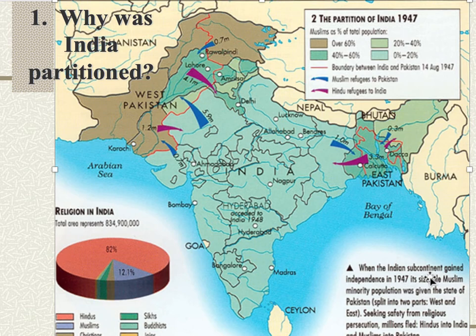So, if we look at the map of India, we see that there are large portions of the area that are almost 100% or with a very high percentage of Hindus and very high percentages of Muslims. So if we look, everything that's in that dark greenish, brownish color, that's over 60% Muslim.